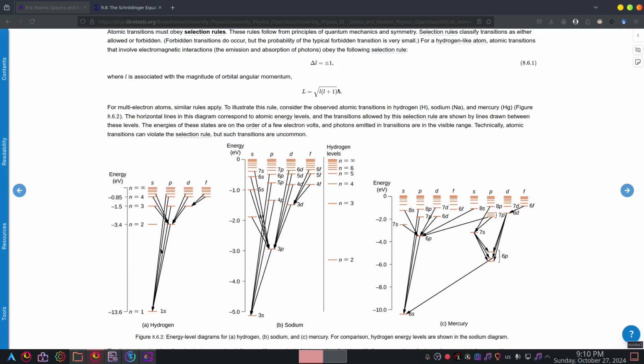Now, for sodium and mercury, you will have the same idea happening, in the sense that you have fixed energy levels, but the fixed energy levels will be very different from that of hydrogen. Why is that the case? It's because the electric force fields between the hydrogen atom and the sodium and mercury atoms are very different.